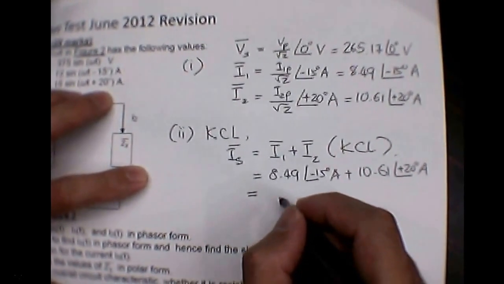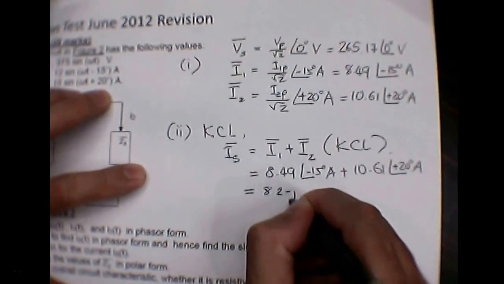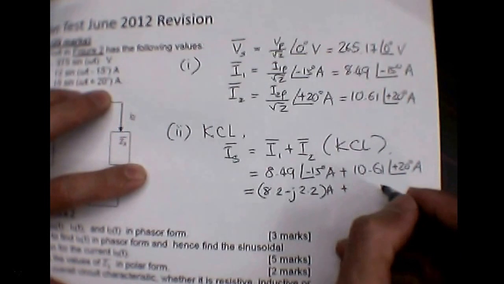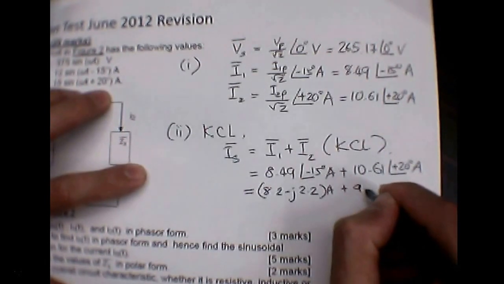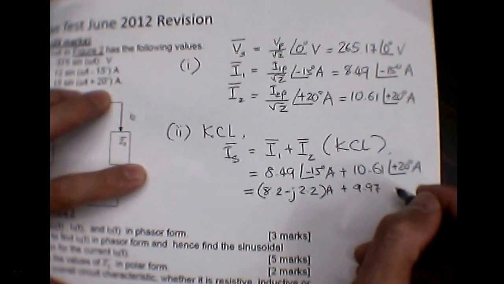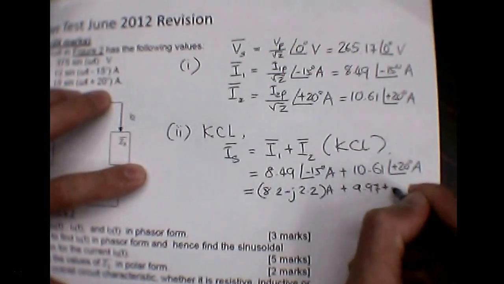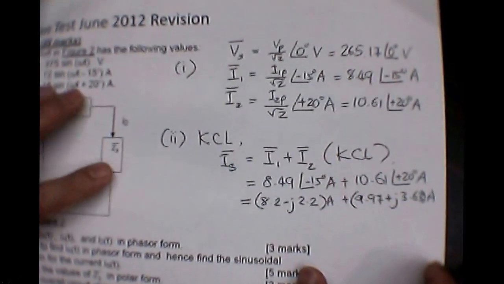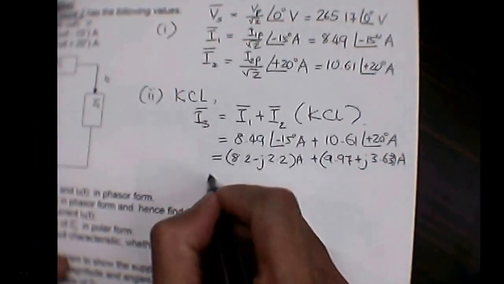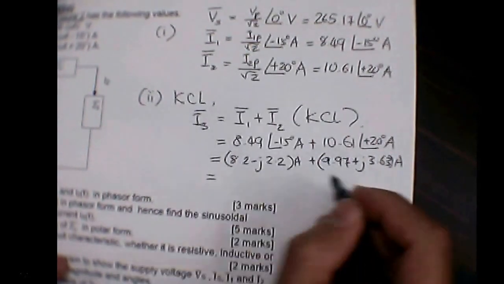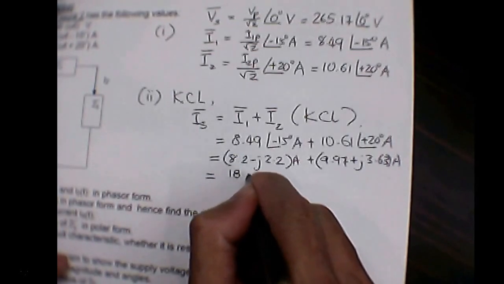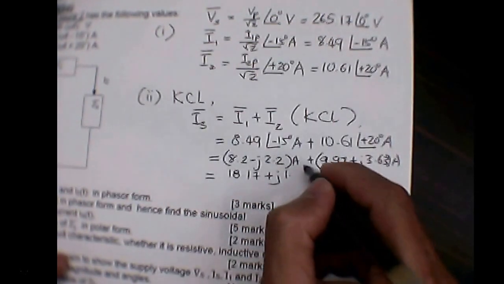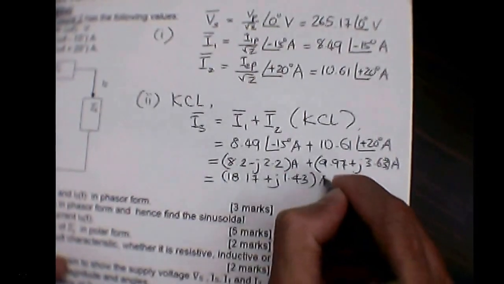The first complex number transforms into 8.2 minus j2.2 ampere, plus 9.97 plus j3.63 ampere, which equals 18.17 plus j1.43 ampere.